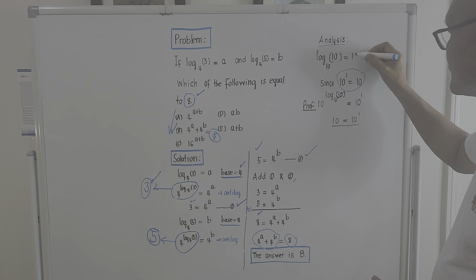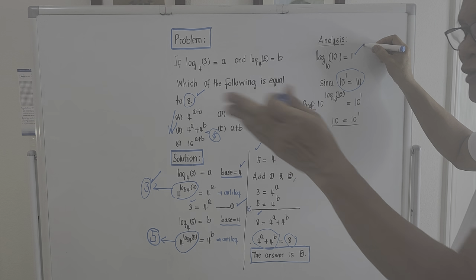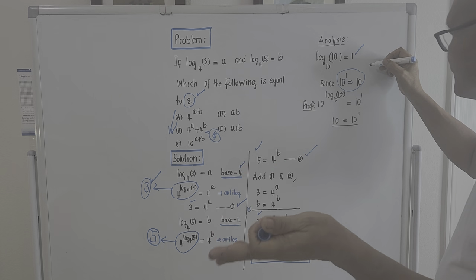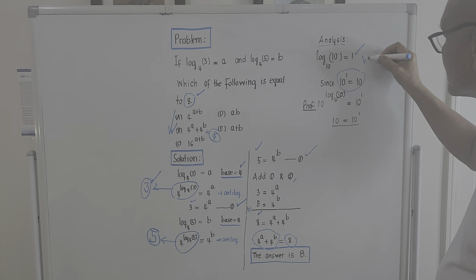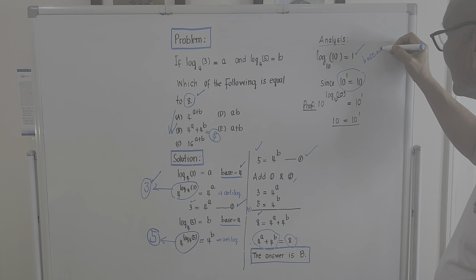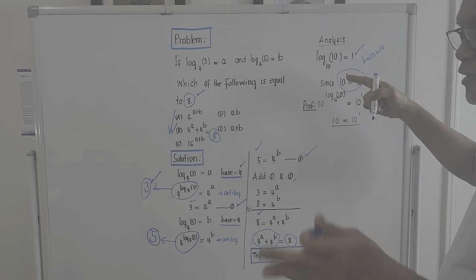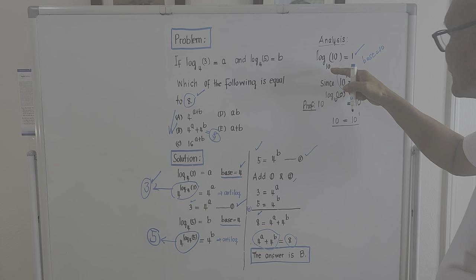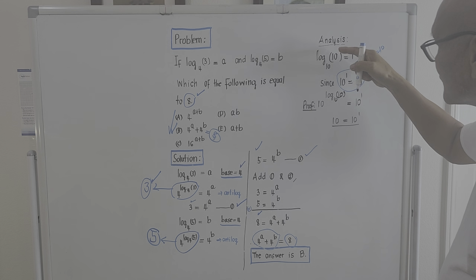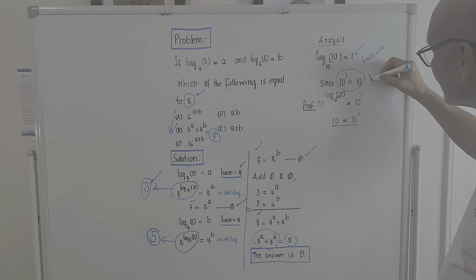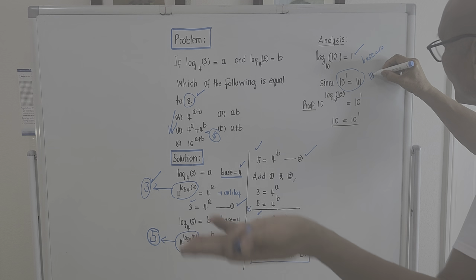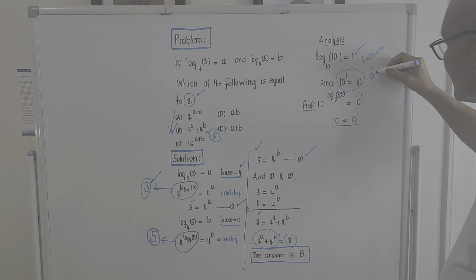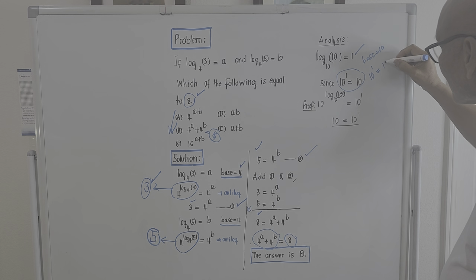If we define a logarithm, it is the power to which the base must be raised. The base here is 10, right? It is the power to which the base must be raised to equal this number here. Since the base is 10 and the logarithm is 1, according to this definition, this should equal the given number 10.